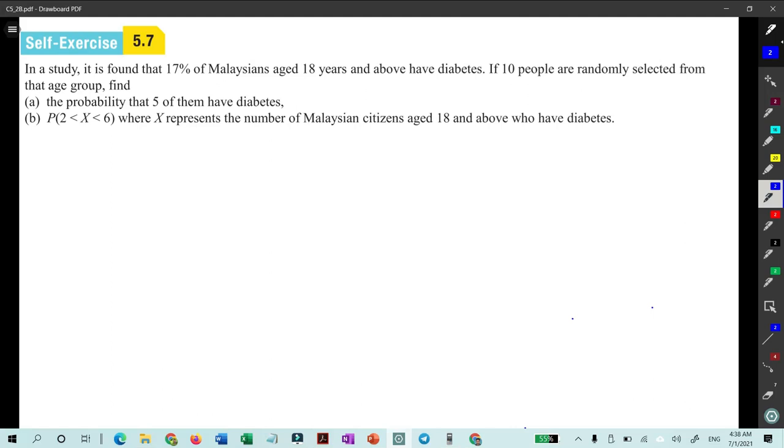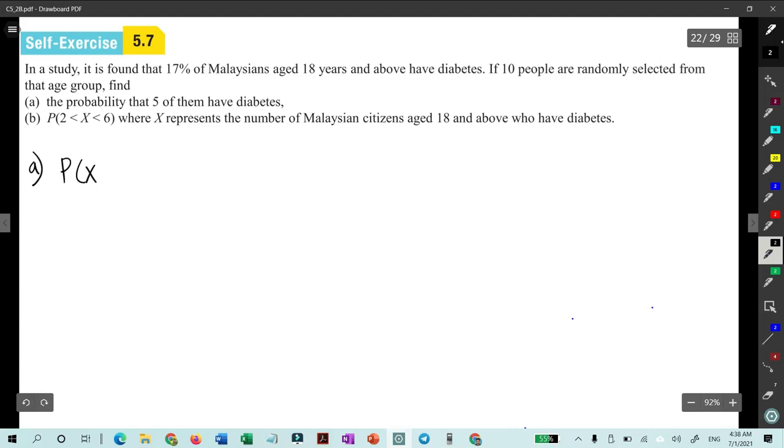In a study, it is found that 17% of the Malaysians aged 18 years and above have diabetes. If 10 people are randomly selected from that age group, find A, the probability that 5 of them have diabetes. So here we have to find P(x = 5).